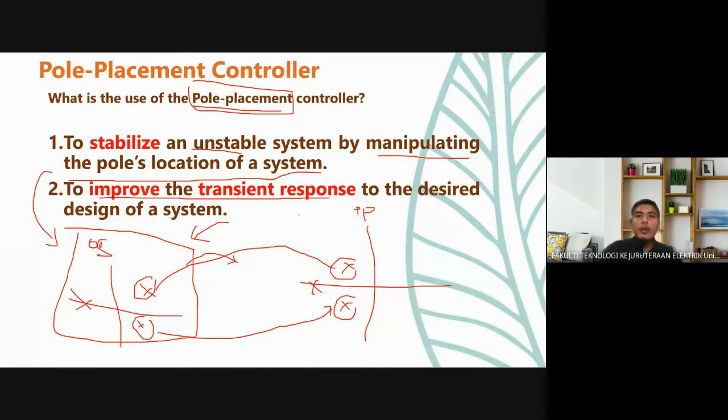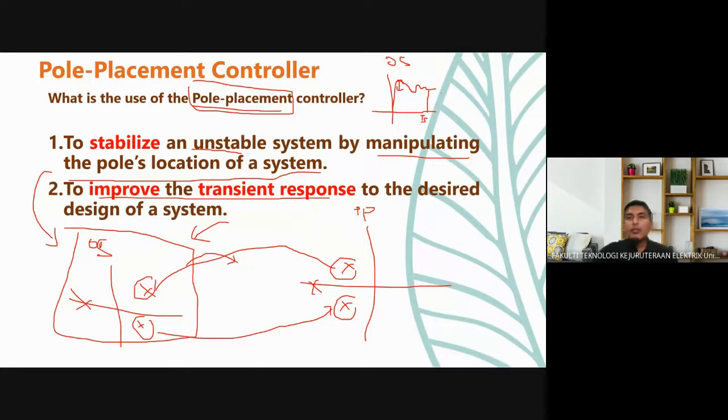So what is the meaning of transient response? Let's say this is the original system, and this is the transient response. The transient response is characterized by the percentage overshoot, the settling time, and so on. You can see that the percentage overshoot is quite high, or maybe the settling time is quite long.